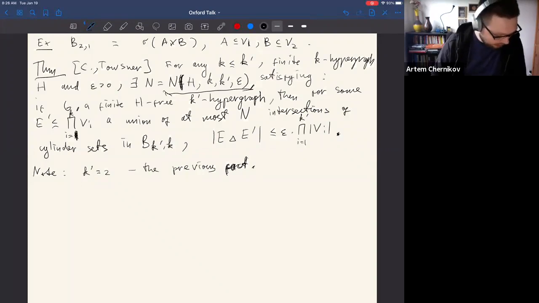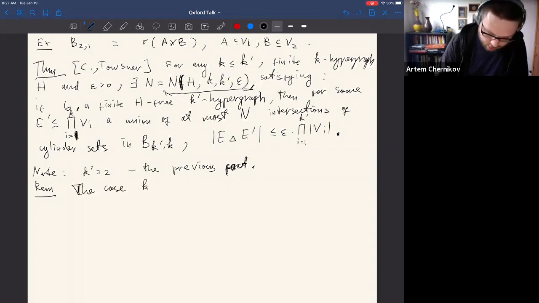All right, let me make a couple of remarks concerning this theorem. The first remark is that the case k prime arbitrary and k equals 2 is due to myself and Starchenko, some earlier work.